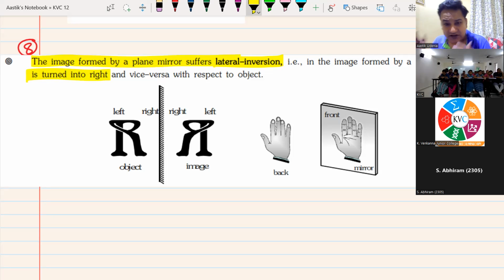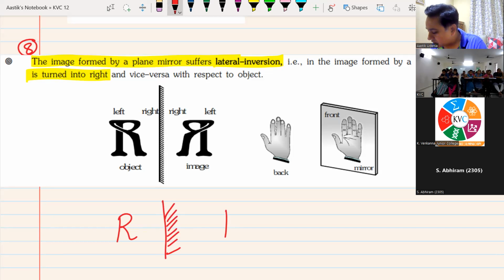I don't want you to draw this R. You can simply write an R here and an inverted R here. That will make you understand that the image is laterally inverted. Right becomes left and left becomes right.